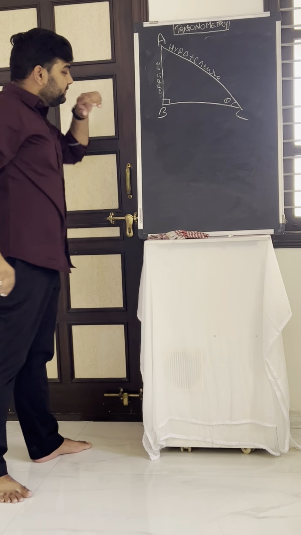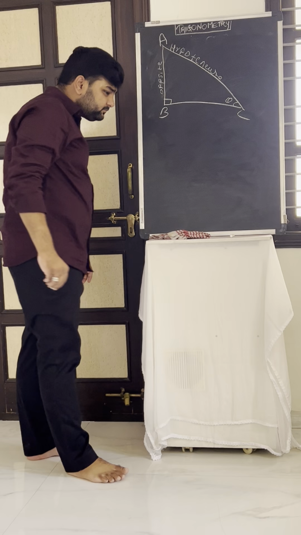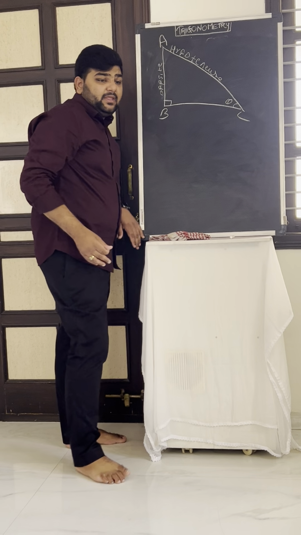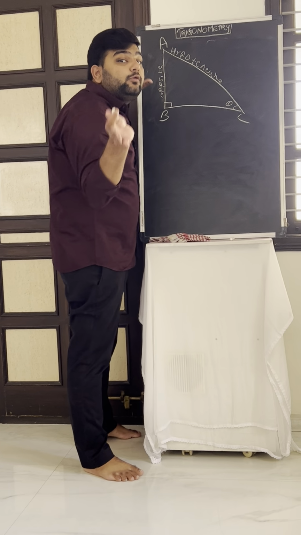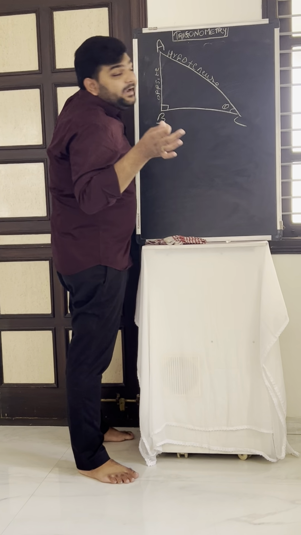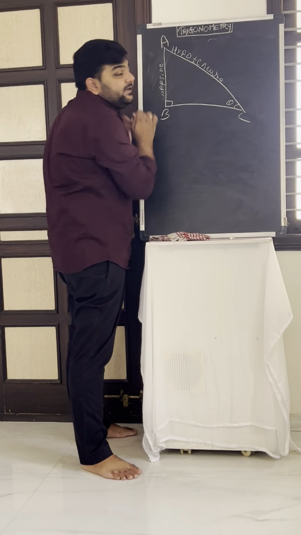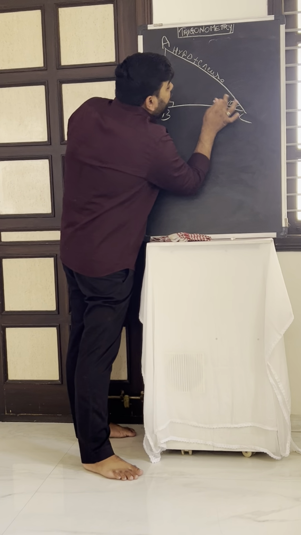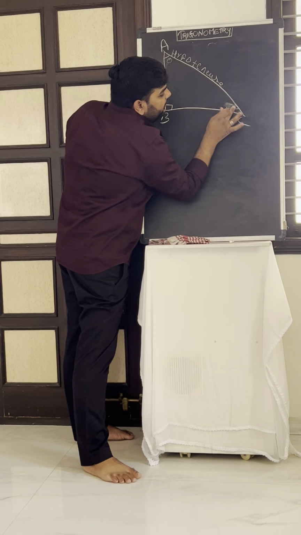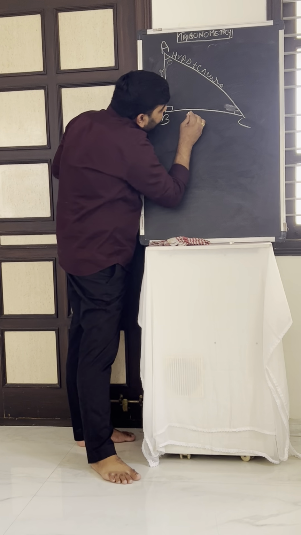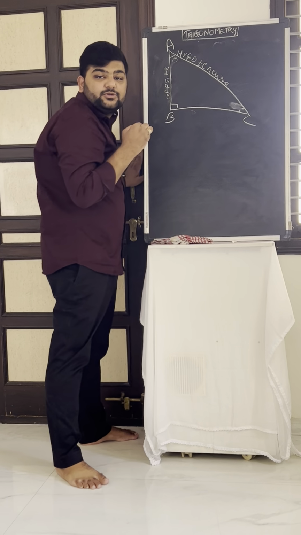Now sir, this angle is fixed at 90 degrees. There can be only two variable angles in a right angle triangle, this theta and this theta. If I have the value of this angle, and I don't have the value of the other angle, then my opposite side will be this side.